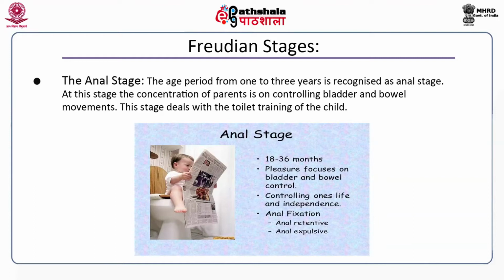On the other hand, if parents take a positive approach while training, then the resulting personality can be a competent, productive, or creative one. Freud also opines that if parents are too lenient in this regard, then it leads to personality traits like messy, wasteful, or destructive.